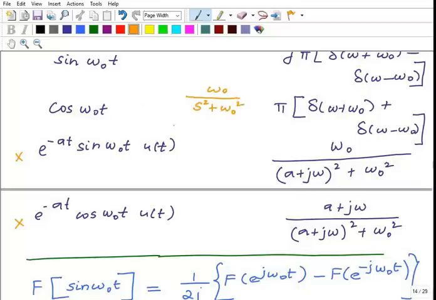If there is e power minus at, this s becomes s plus a. Correct? Same thing you notice here. Omega naught as it is, omega naught square as it is, s is j omega.